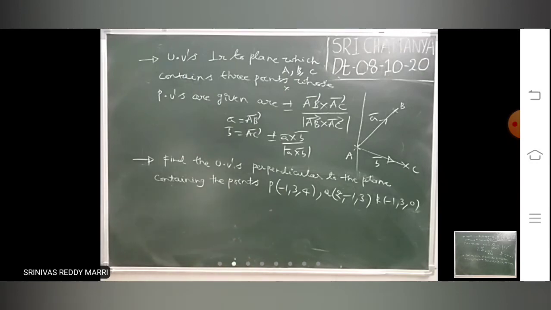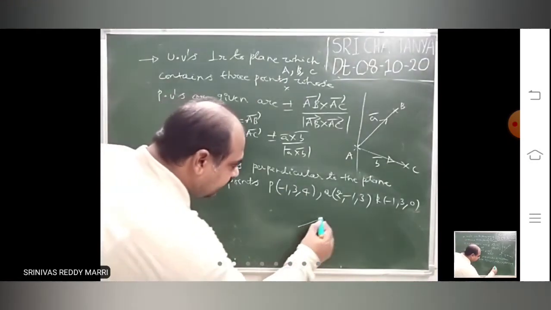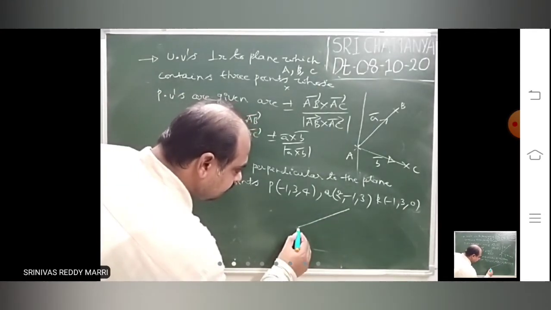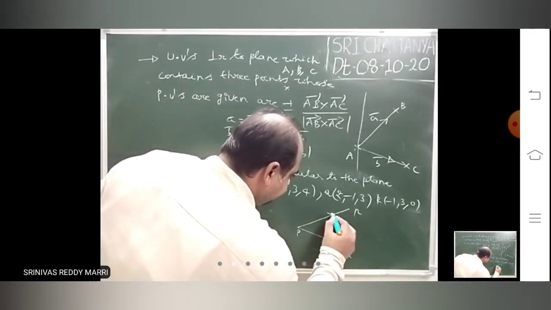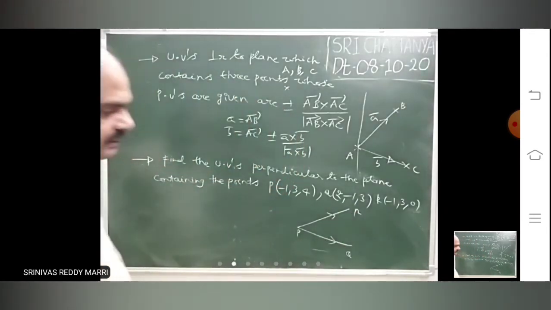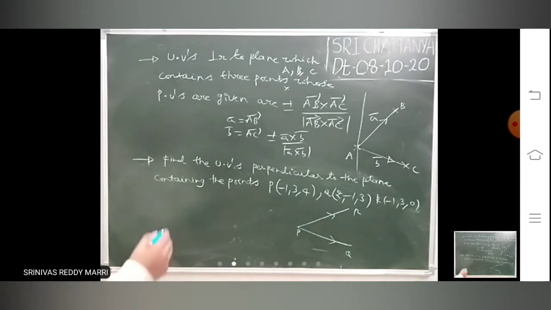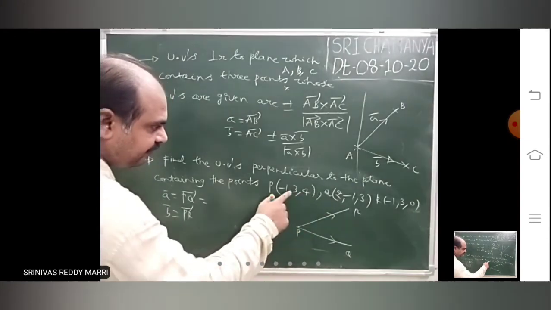So these 3 points are there. That means these 3 points will lie on your paper: P, Q, R. Join PR, join PQ. So what is the formula? A bar is PQ bar, B bar is PR bar. PQ bar is nothing but OQ bar minus OP bar.